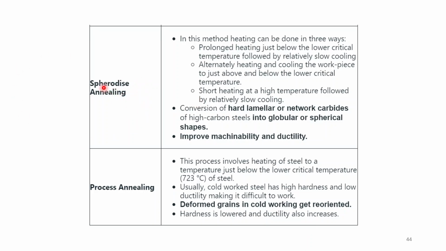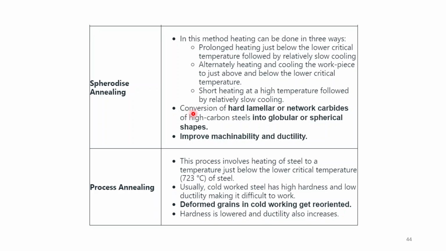Next is spheroidize annealing. In this method, heating can be done in three ways. First, it can have prolonged heating just below the lower critical temperature, followed by relatively slow cooling. Alternatively, heating and cooling the workpiece to just above and below the lower critical temperature. Or short heating at a high temperature followed by relatively slow cooling.